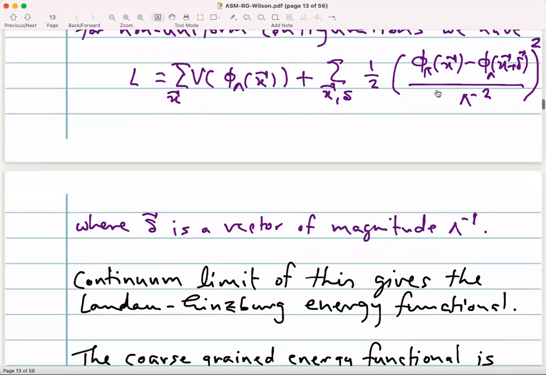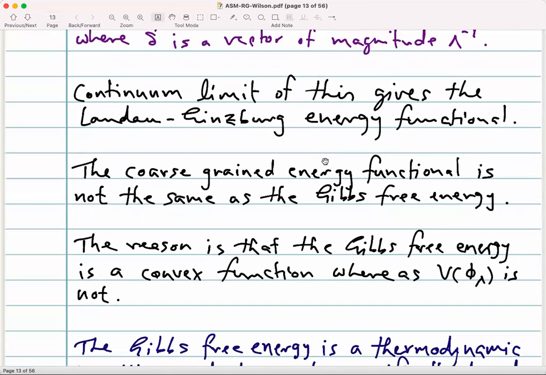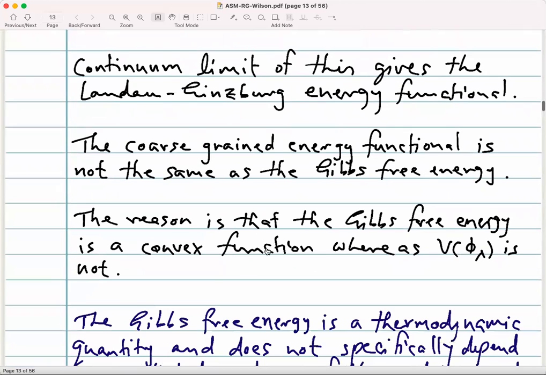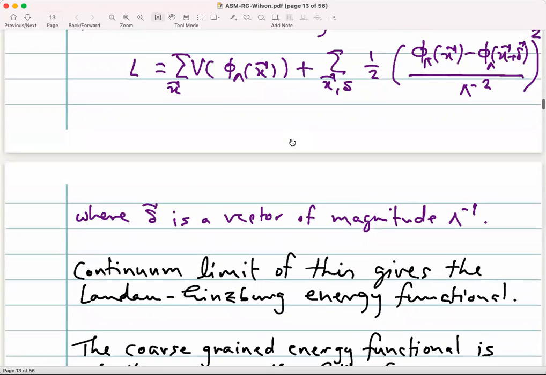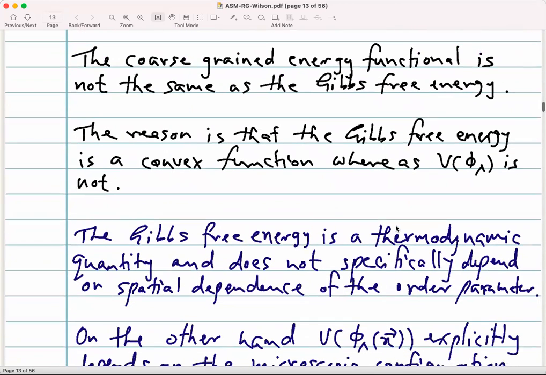If the variation of the order parameter is very small, then this quantity is not going to overwhelm this double well picture of the potential, and therefore the potential will continue to dominate if these changes are not significant. On the other hand, Gibbs free energy is a convex function, and because of that, there is no direct relation between the energy functional that you would get from looking at an expression like this for the Landau-Ginzburg model and the corresponding Gibbs free energy.